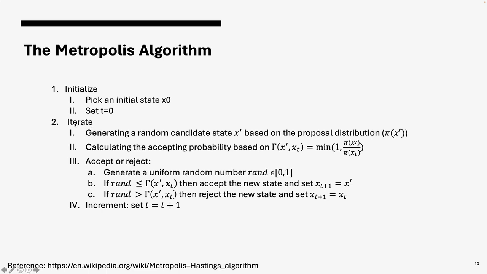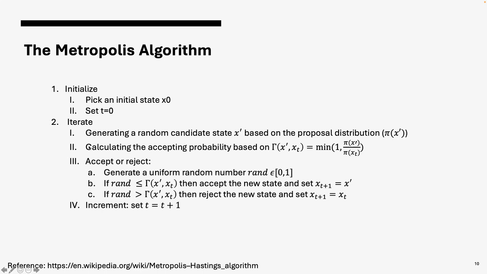Then we start an iterative process where we first generate a random candidate state called x prime based on the proportional distribution pi of x prime.